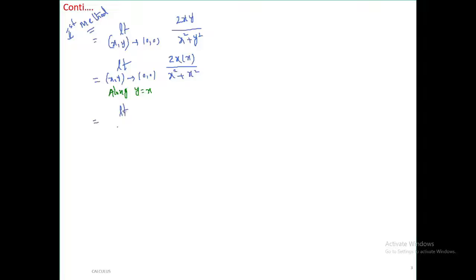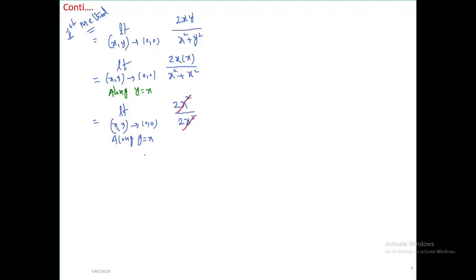Next this will be the limit as x, y reaches the origin along the y is equal to x path. Now this is 2x square divided by 2x square. Now what do you get? If you simplify this, you will get 1.